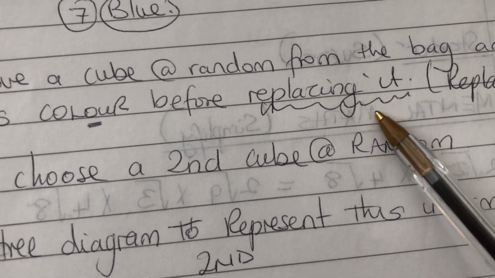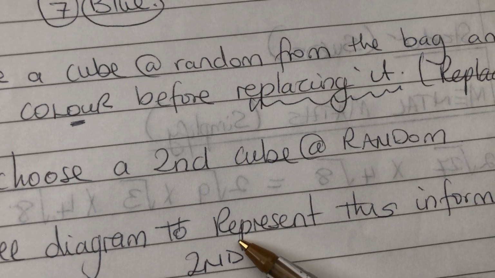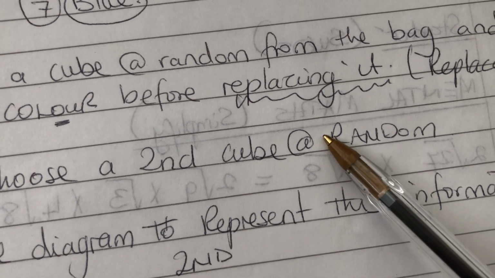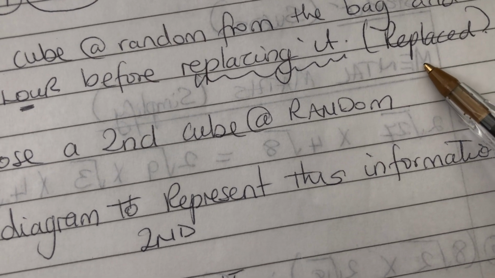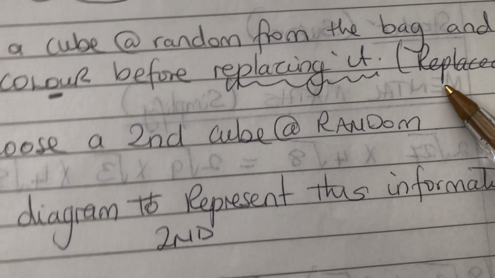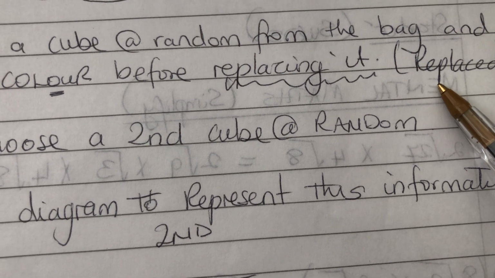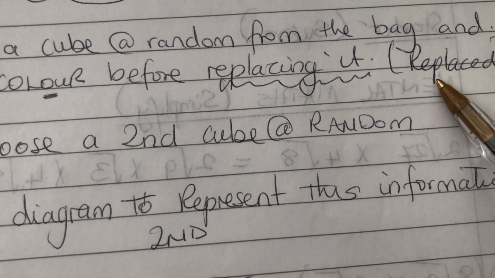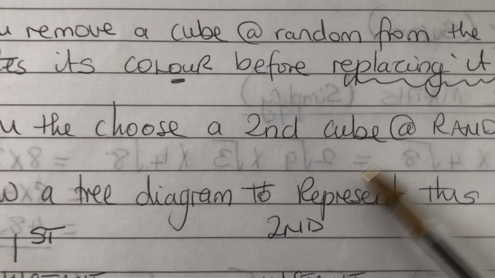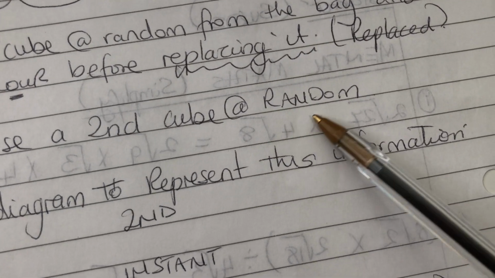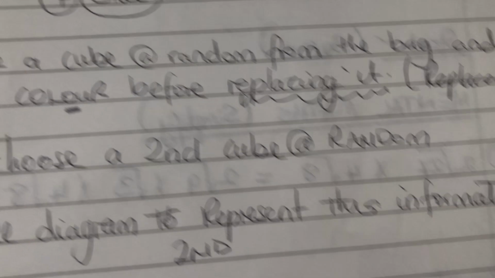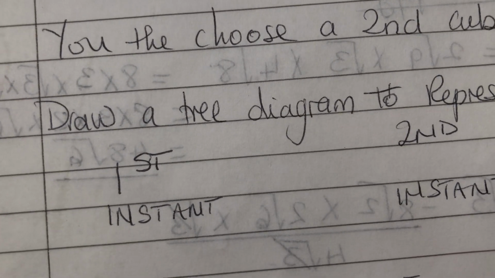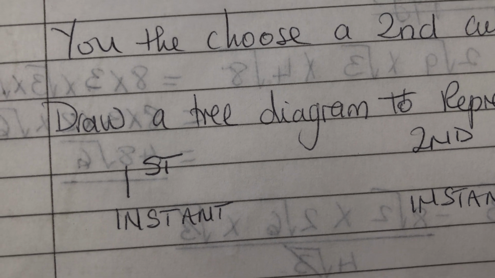So here, you remove it, note it, you replace it. It's not without replacement, here you replace. That is how it's independent. You choose a second cube at random, and then you replace also. So now we want you to draw a tree diagram of what you have just done.